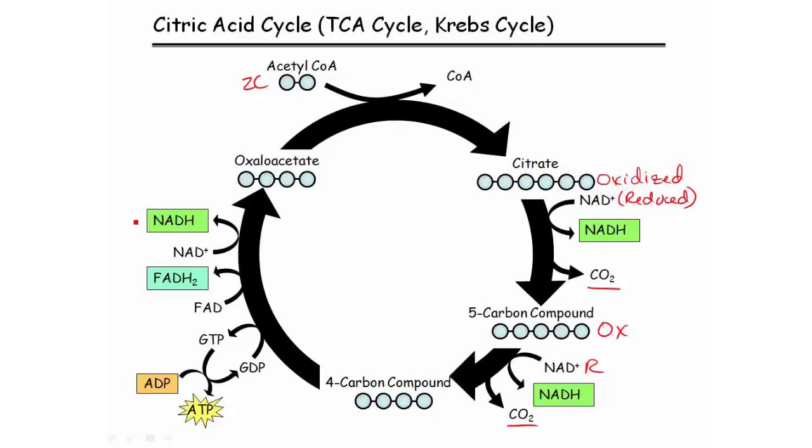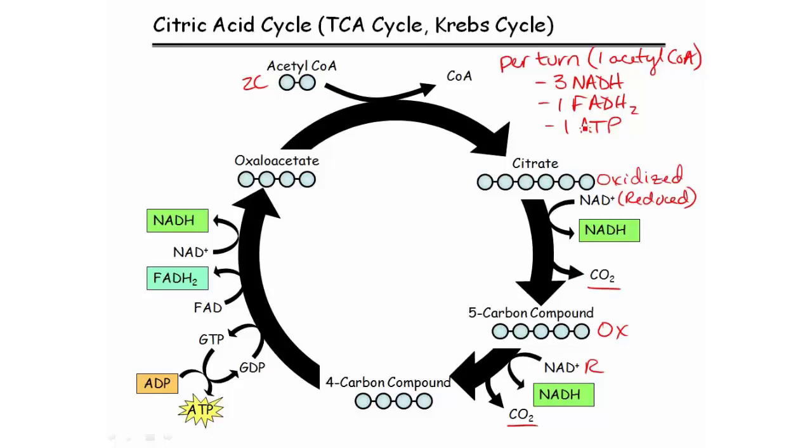If we look at the yields on this slide, at this point per turn of the cycle, which notice that per turn is 1 acetyl-CoA, we're going to get basically 3 NADHs, 1 FADH2, and 1 ATP.